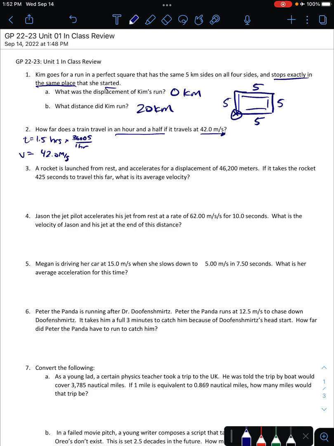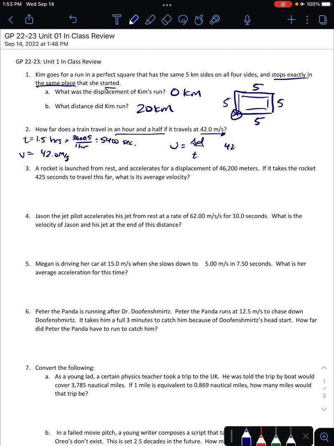All right, so what that means is, if I get my calculator out here, 1.5 times 3,600 is going to give me 5,400 seconds. All right, so we're going to use V equals delta D over T. It doesn't say that that time is changing, so that's likely our average velocity.